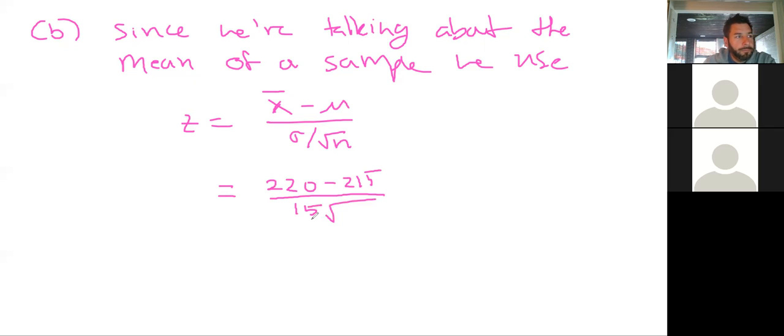And then what is our sample? Our sample is 25. So this becomes 15 over the square root of 25, which is 5, so 15 over 5, which you can simplify to 5/3.